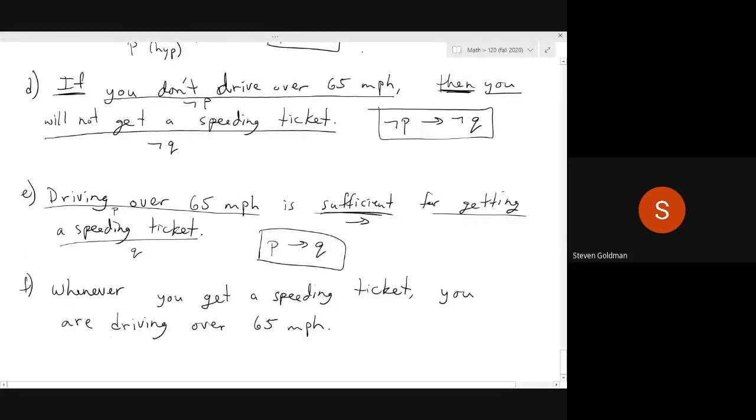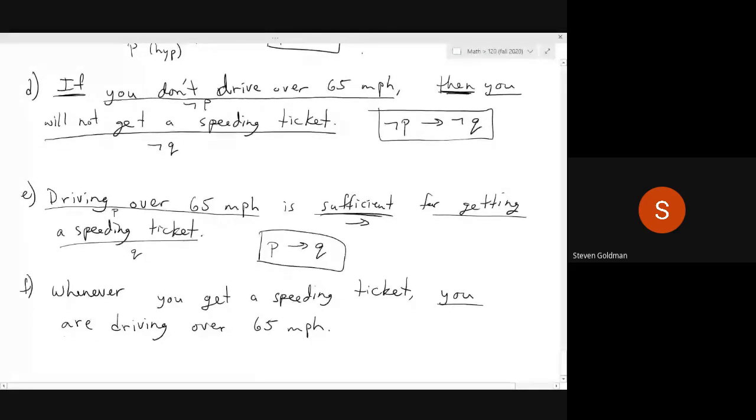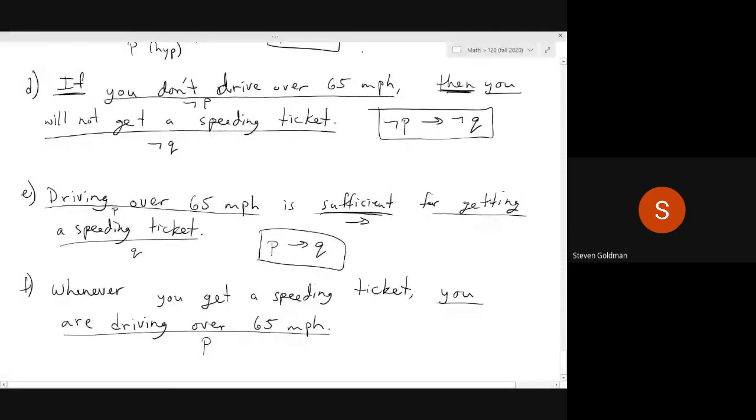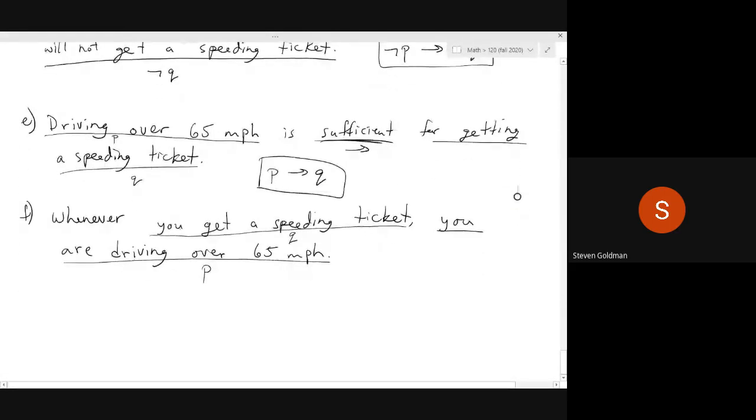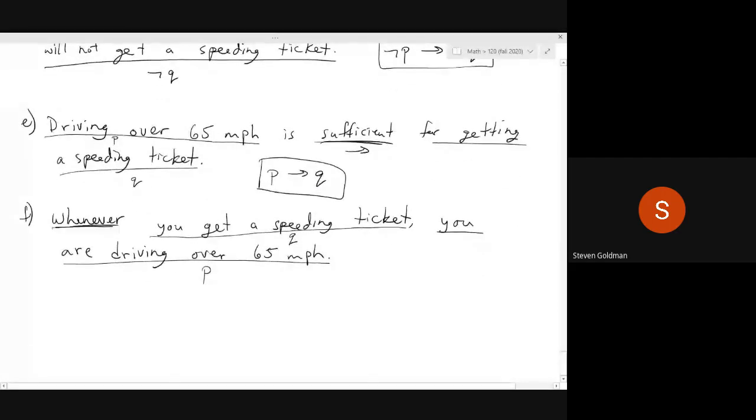Okay, so again, you're driving over 65 miles per hour. That's P. You get a speeding ticket. That's Q. Okay, whenever we have the word whenever tells us that this is a conditional statement.